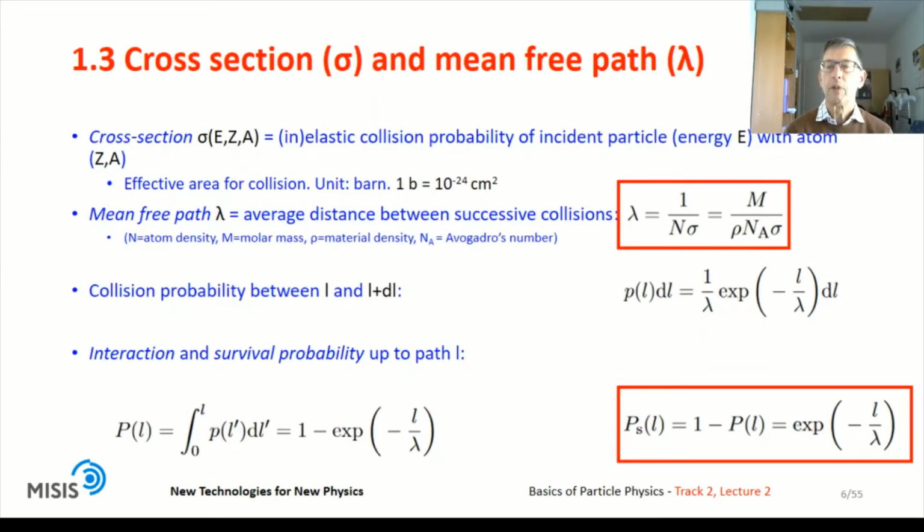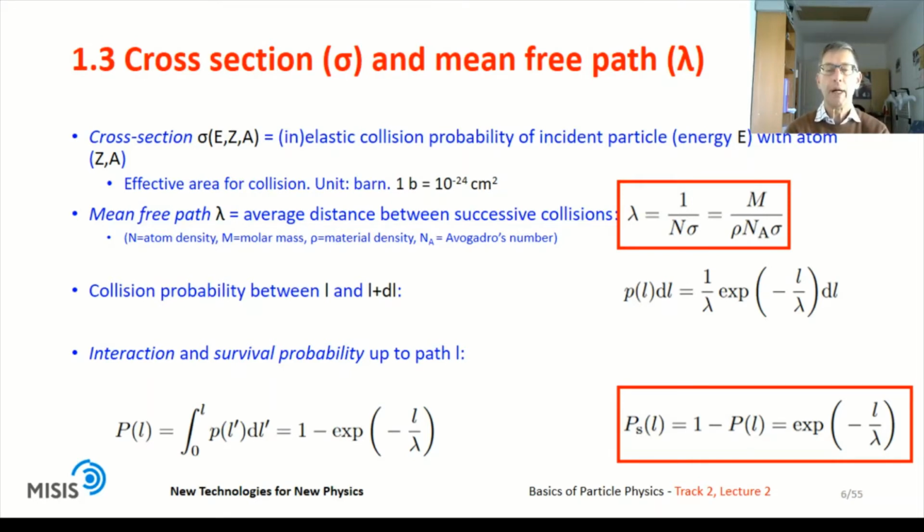We need some quantitative concepts to be able to describe the processes that make the showers. And these are the cross-section and the mean free path. The cross-section is the probability of an incident particle of energy E to interact with an atom with atomic number Z and atomic mass A. And basically, this is an area, a surface.